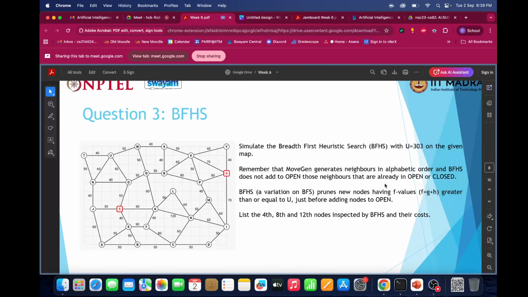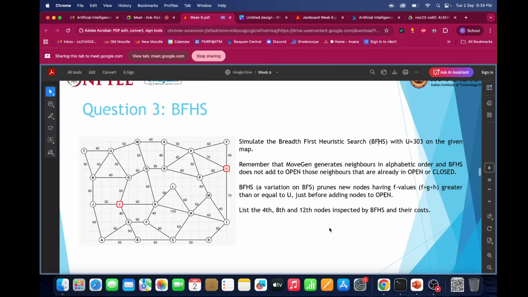You proceed similarly to breadth first, but you prune the new nodes that should be added to the open list based on their f values, similar to A star, where f equals g plus h. We keep only the nodes that have f values less than the upper bound.